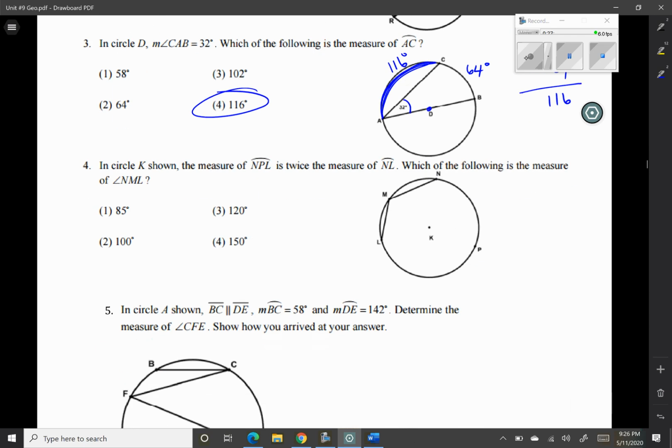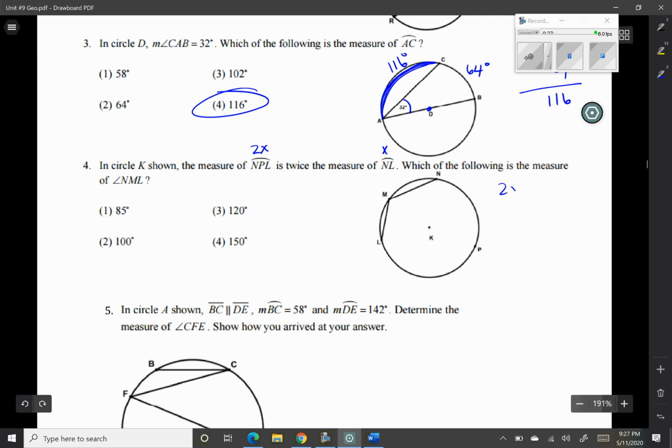Number 4 says that the circle is circle K. The measure of NLP is twice the measure of NL. So we're going to make NL x and NLP 2x. If I go from N to L, we have x. If I go from N to P to L, we get 2x. That encompasses the whole circle.